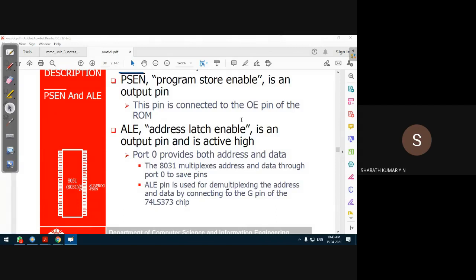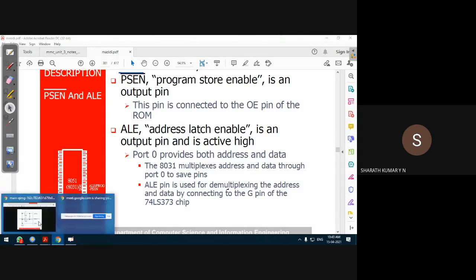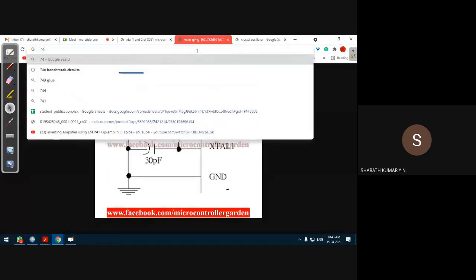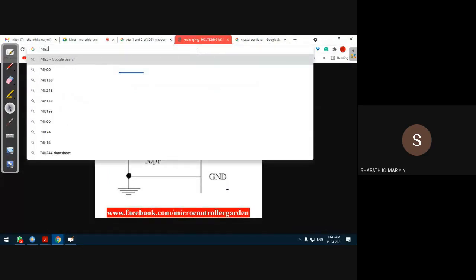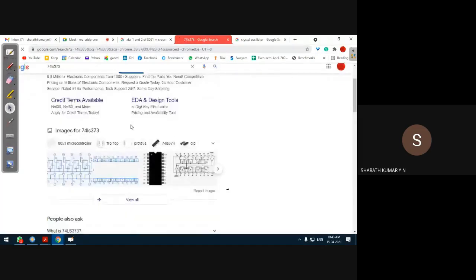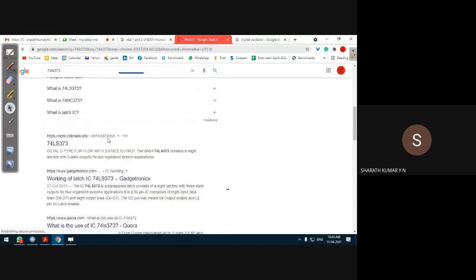Okay, so this is about the pin diagram, but quickly I'll check the 74LS373. Basically, it's a Texas-based memory IC. Let us check the G pin, guys.